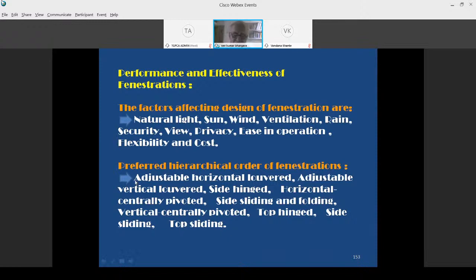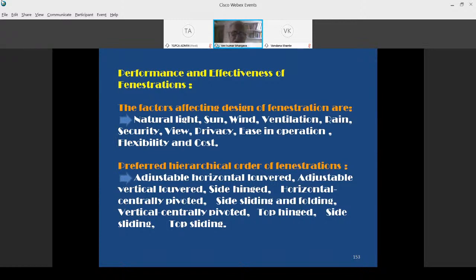Similarly, friends, my study shows maximum control is provided by the adjustable horizontal louvered window with solid opaque louvers. You can adjust the angle of the louvers to your requirement. Every control is possible. If you keep them horizontal, they will block sun rays but provide you an outside view.